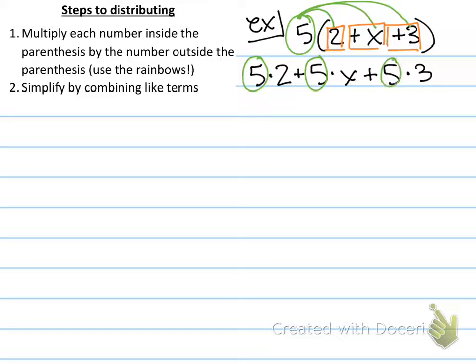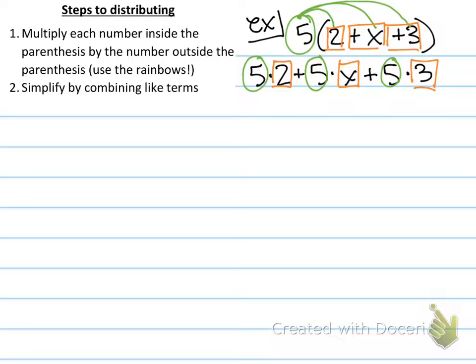I'm multiplying it by 3 different terms: 2, positive x, and positive 3. And I know some of you are wondering why I didn't add that plus sign in with the x or with the 3. I didn't do that because it's really confusing when you're multiplying to have an extra plus sign in there. We already know it's positive when we don't have a plus sign in front, so I am not going to include that. This is what our multiplication looks like.